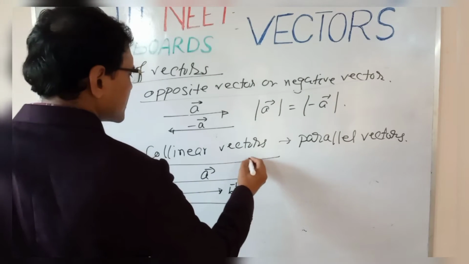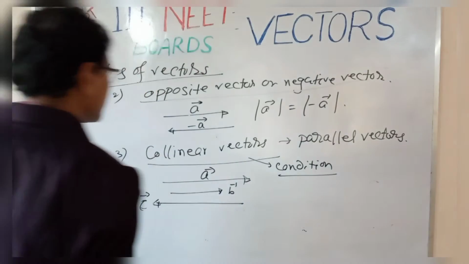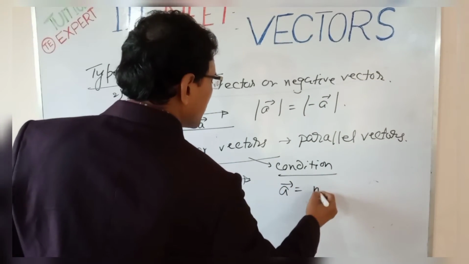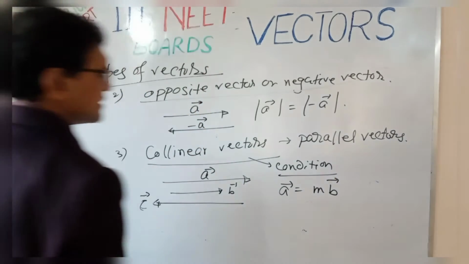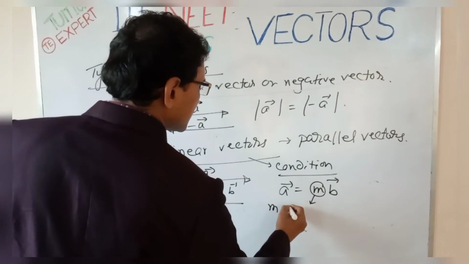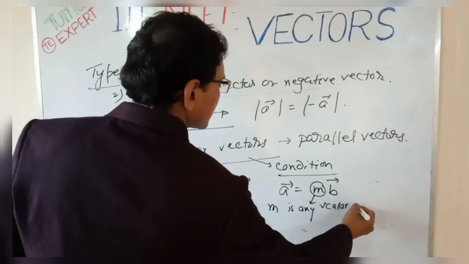Now, the condition for collinear: A equal to m B, where m is any scalar quantity.